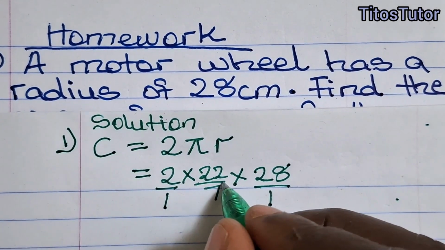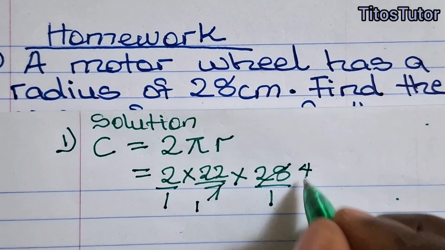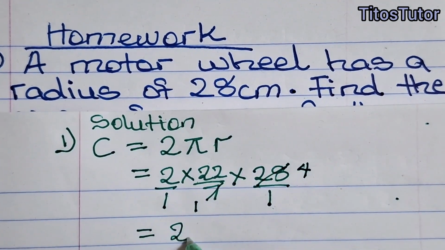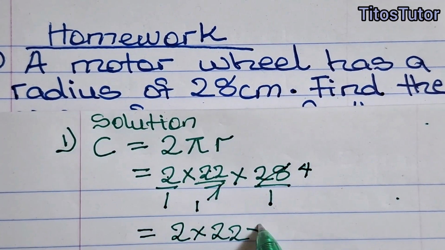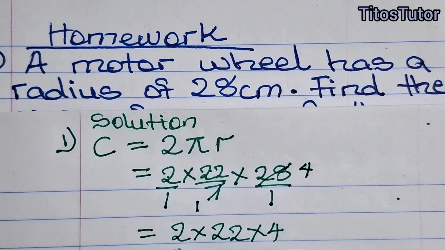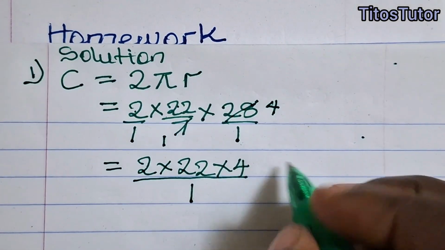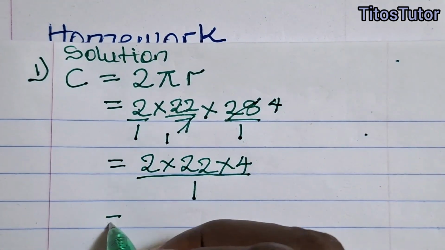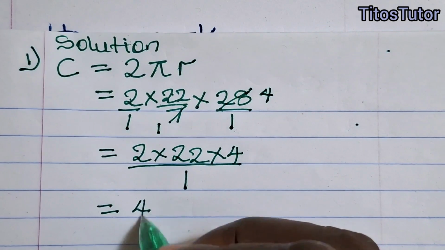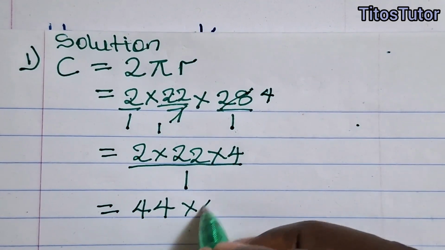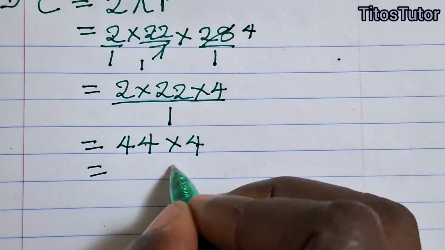Okay, so here is 7 here 1, 7 here 4. So my circumference is 2 times 22 times 4 all over 1. And remember, anything over 1 is that same thing. So let's keep solving. 2 times 22 is 44, and 44 times 4 gives me 4 times 4 is 16.